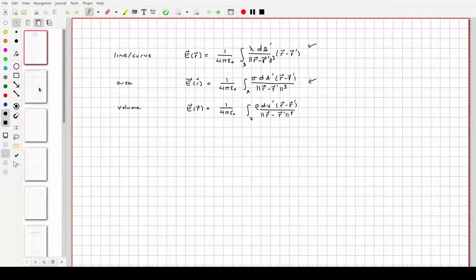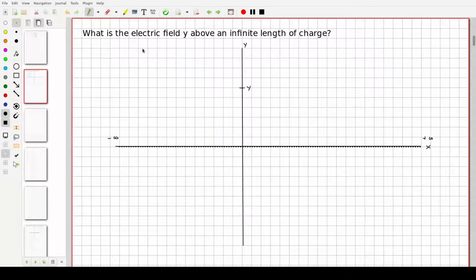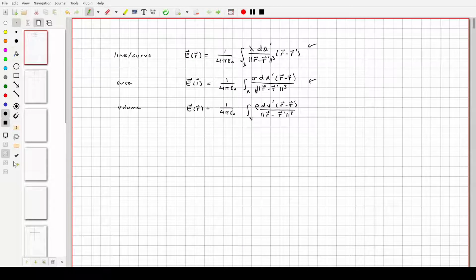So, the first example that I want to take a look at deals with the electric field above an infinite length of charge. Now, this line of charge goes from minus infinity to plus infinity. And the fact that it is a line of charge tells us exactly which one of these we need to be using.